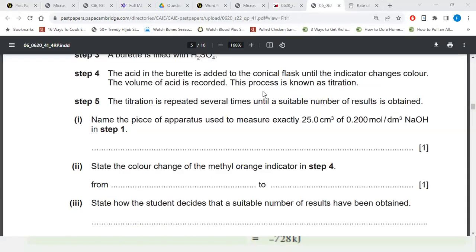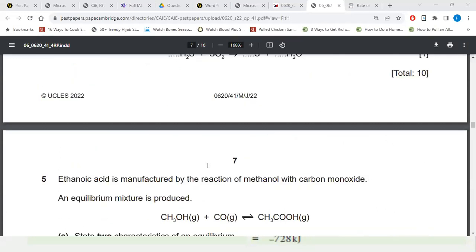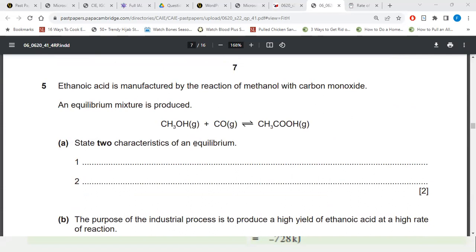The compounds that you're going to see might be a bit new for you, but don't get confused because that's just from the topic of organic chemistry. These compounds are compounds you will inshallah study when we do organic chemistry, but the topic of equilibrium you and I can solve.